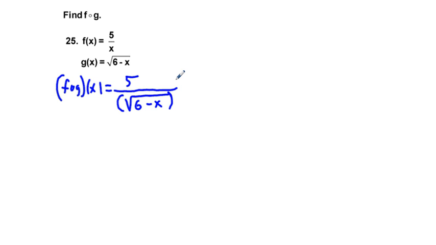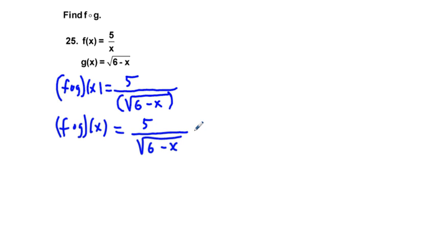I just made a big parentheses here. And so simplifying, we're going to just remove the parentheses. f of g of x is equal to 5 over square root of 6 minus x.